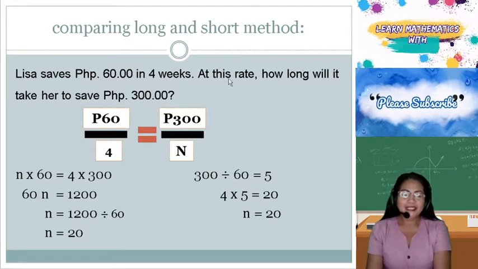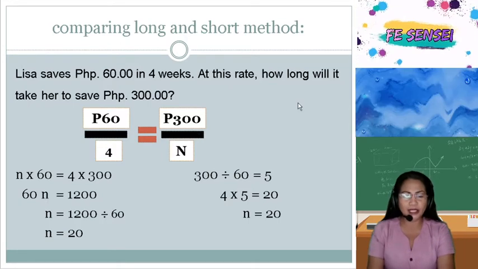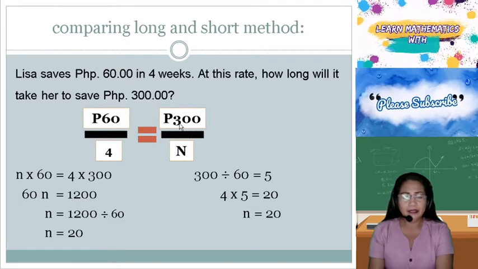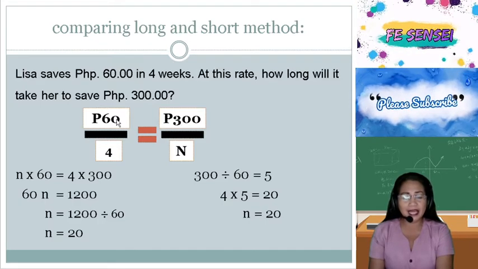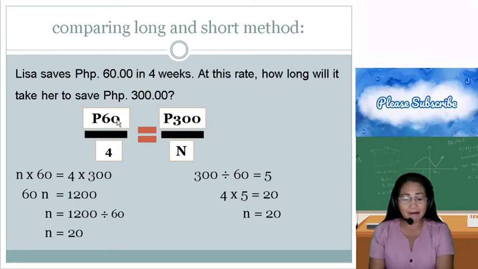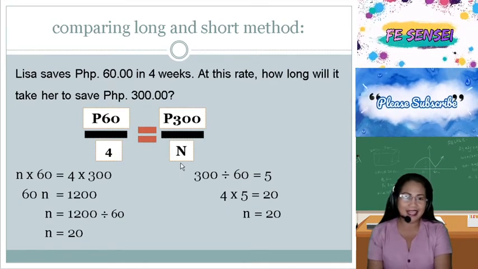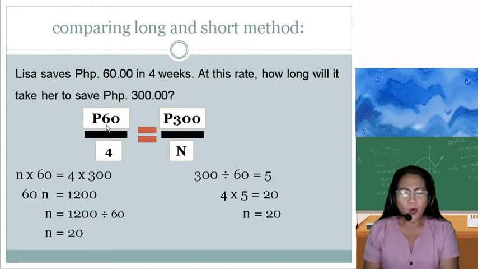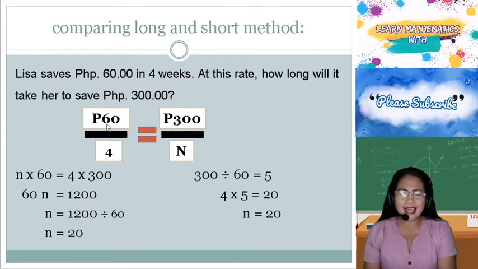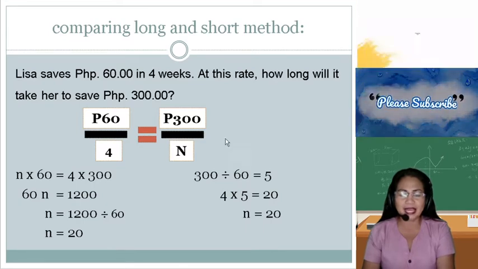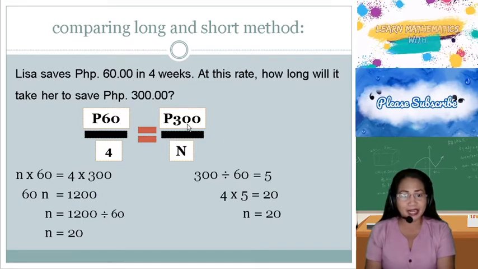Okay. So, for the shortcut method, 300 divided by 60 equals 5. 5 times 4 equals 20. Or, what is the number you use to multiply 60 that gives you 300?